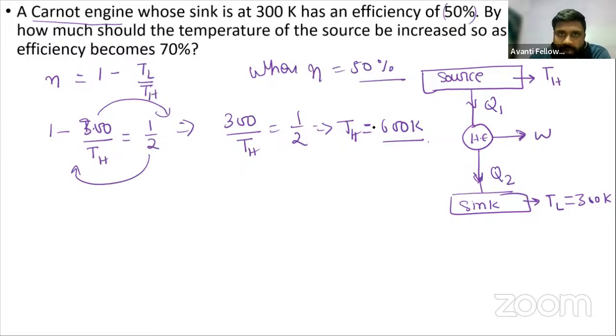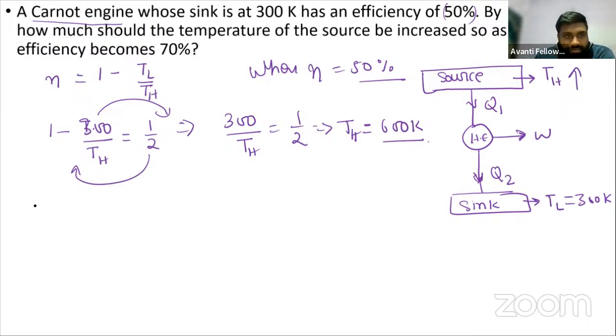Now, how much should the temperature of the source be increased so as efficiency becomes 70%? This means we are increasing the temperature of the source only, not the sink, so the temperature of the sink will remain constant.